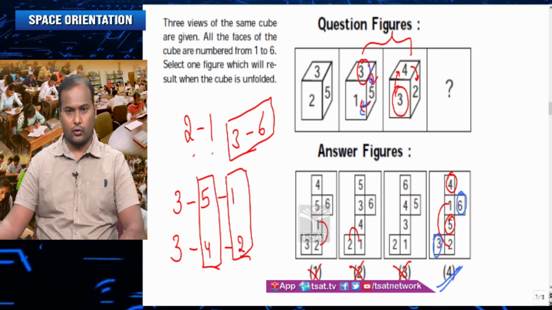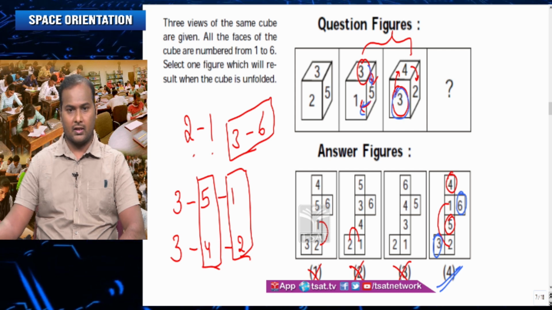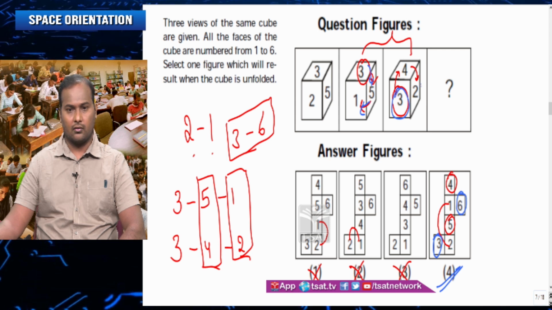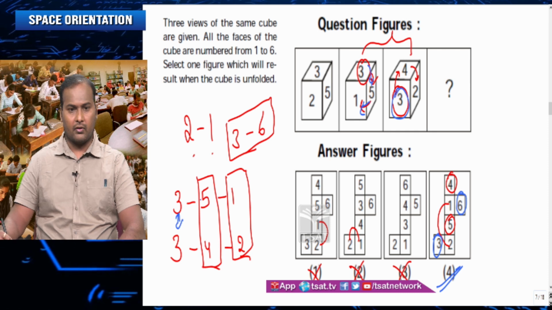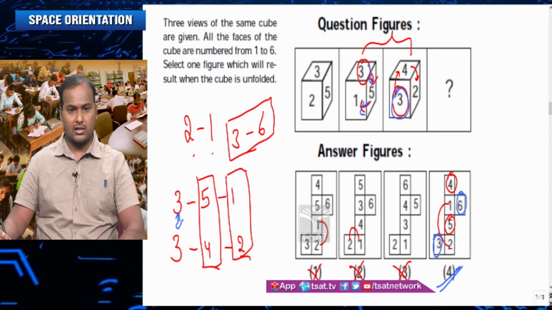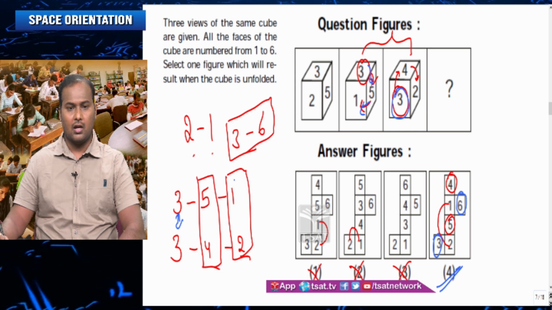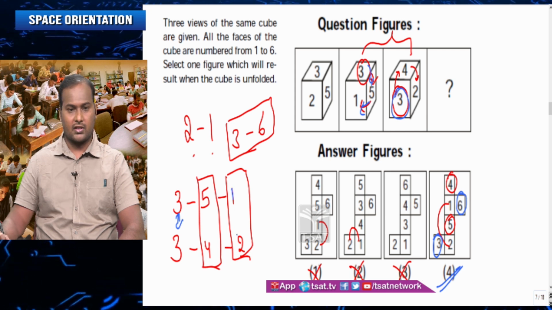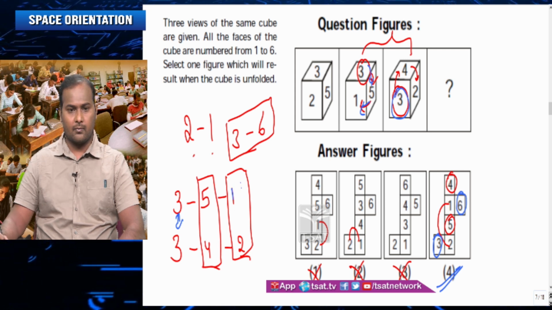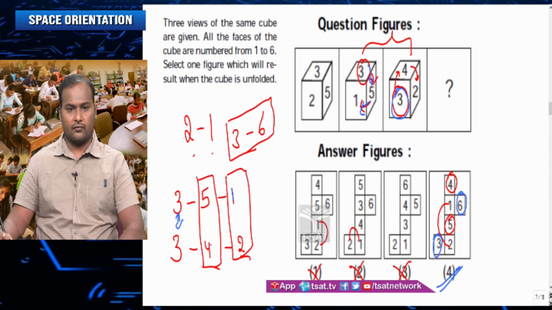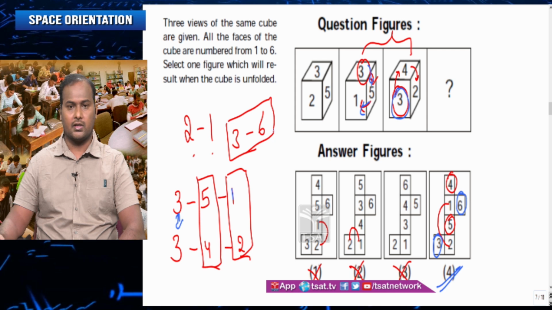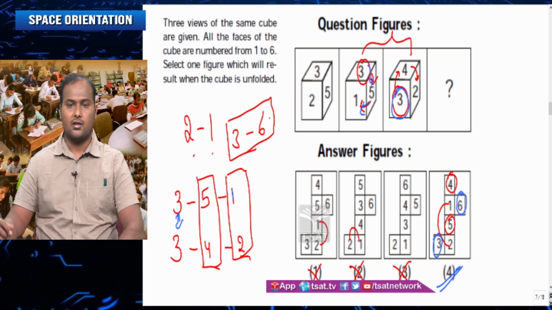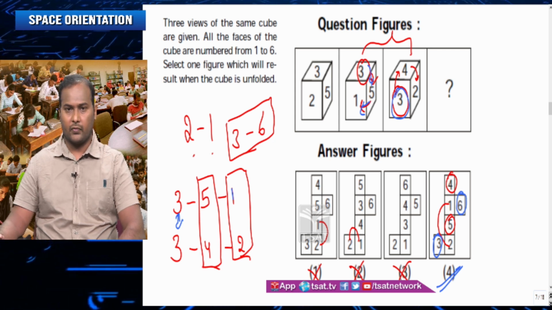In the other cube, from the common 3, moving clockwise, I got 4 and 2. So from the common 3, we got 5 and 4 as the next ones; obviously they became opposite, and 1 and 2 also became opposite. Once 5 and 4, and 1 and 2 are opposite, the remaining faces 3 and 6 became opposite. After finding out the opposites, check with the options, and you will get the answer.